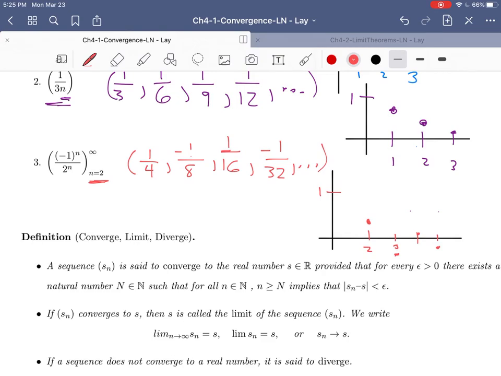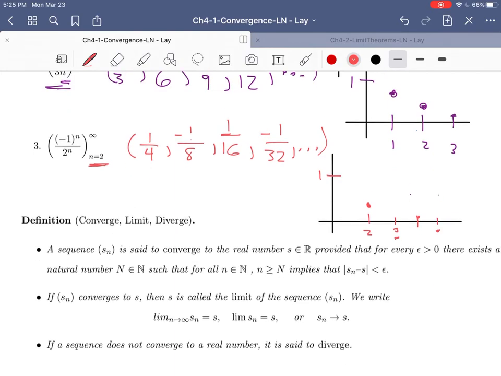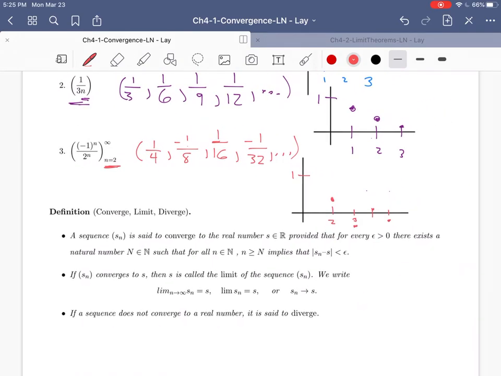And so we know from calculus, or we have this idea of convergence, right? And so we'll formally define that here. Right?